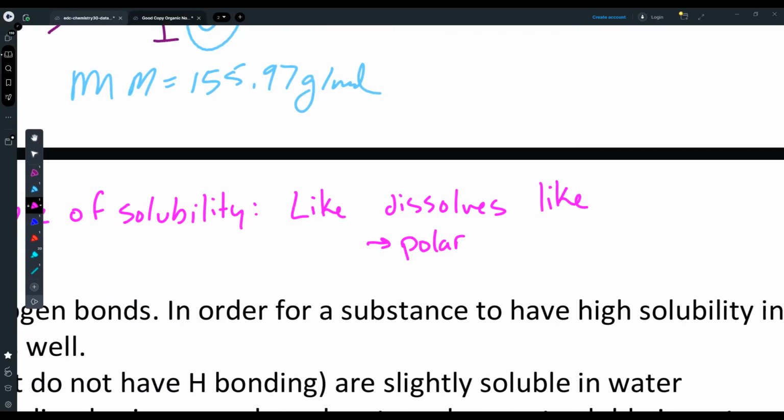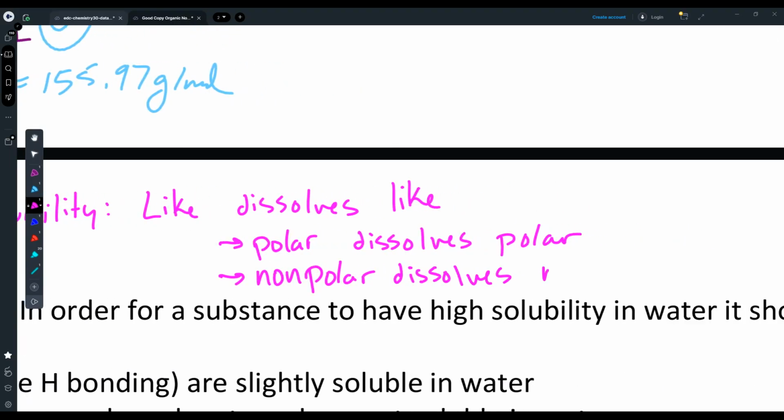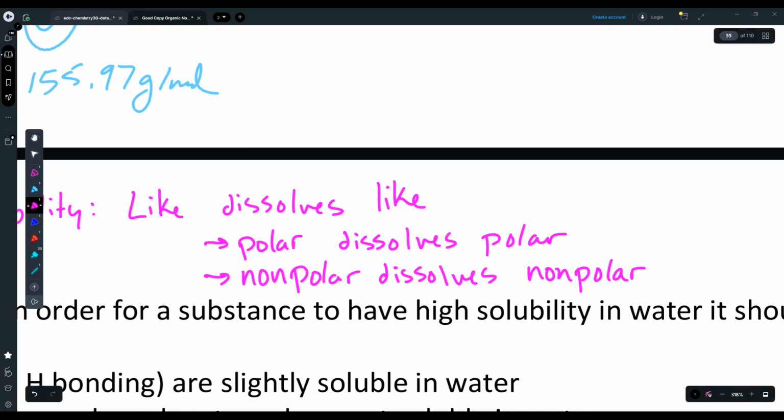Polar substances dissolve other polar substances. Nonpolar dissolves nonpolar substances. Okay? But if you try to dissolve a nonpolar substance in a polar substance, it's not going to work out. Okay? Because that isn't like dissolving like.